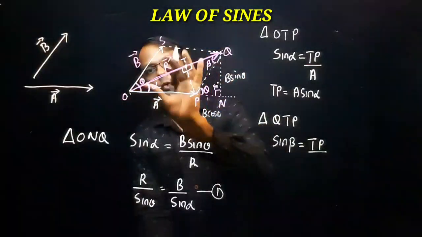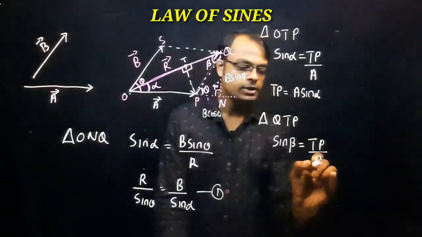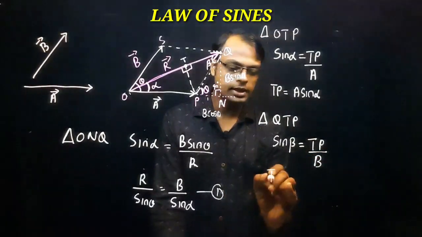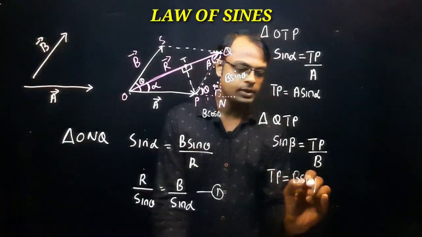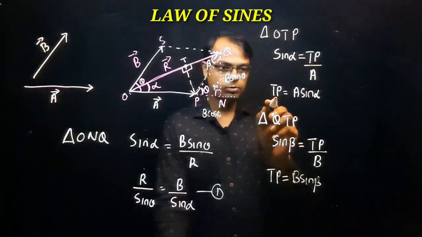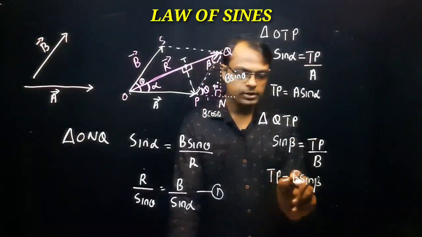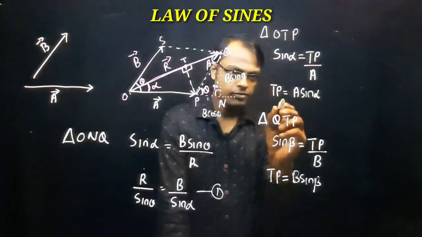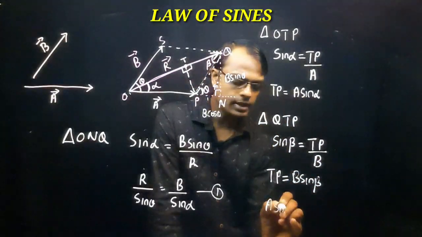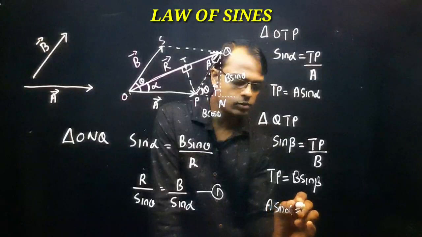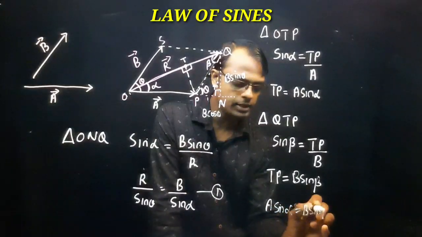PQ is same as what? OS. OS is equal to what? B. So we will be getting the equation here once again. TP is equal to B sine beta. Okay. So TP is equal to A sine alpha. TP is equal to B sine beta. So left hand sides are equal in these two equations. So we can write here A sine alpha is equal to B sine beta.